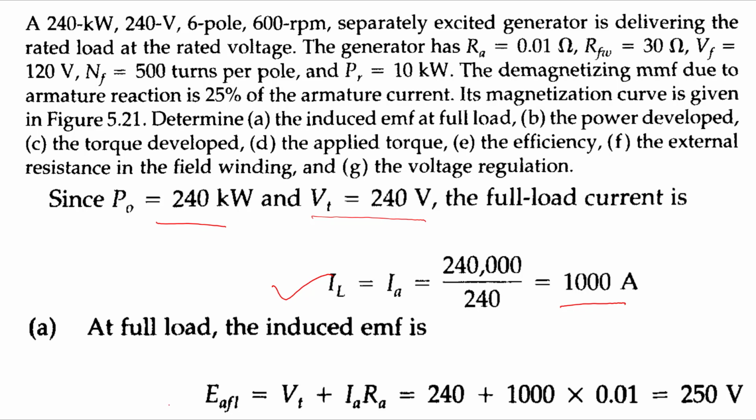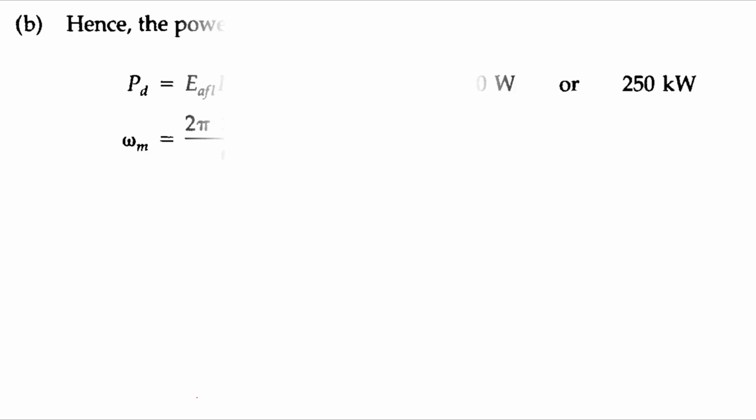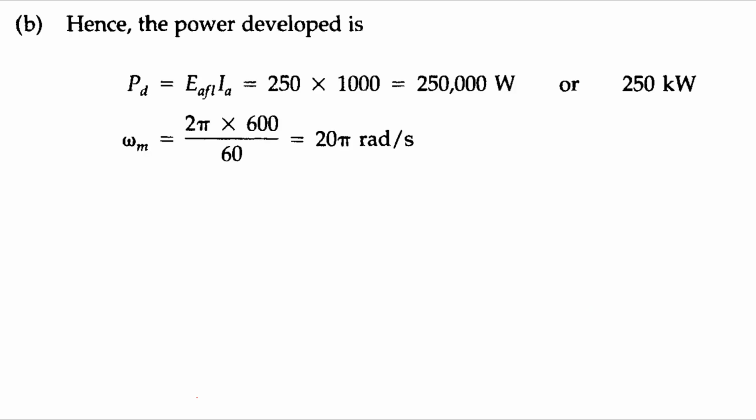So that will be nothing but 250 volt, right? Already you did this last class. And power developed will be EA, IA. So EA is 250 and IA is 1000. So you got 250 kilowatt, right?